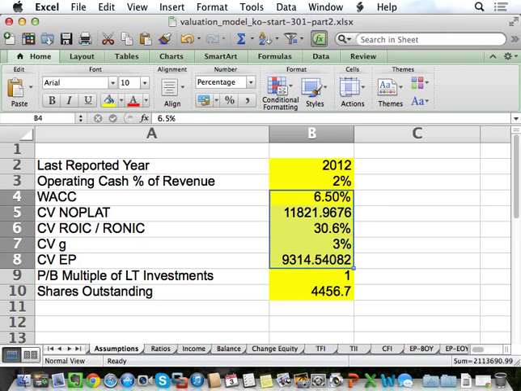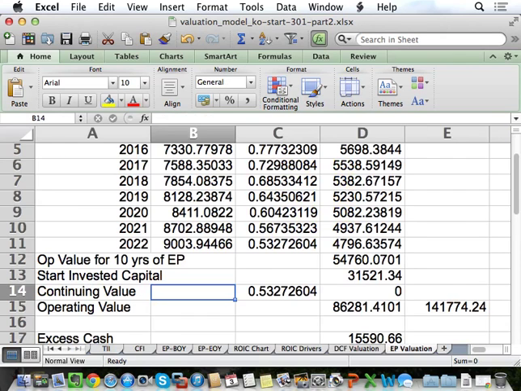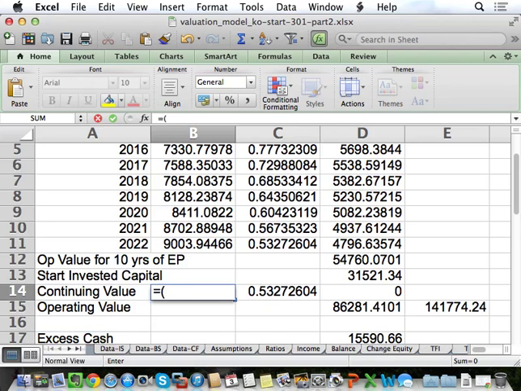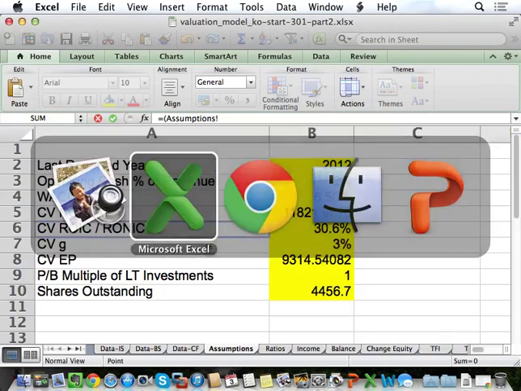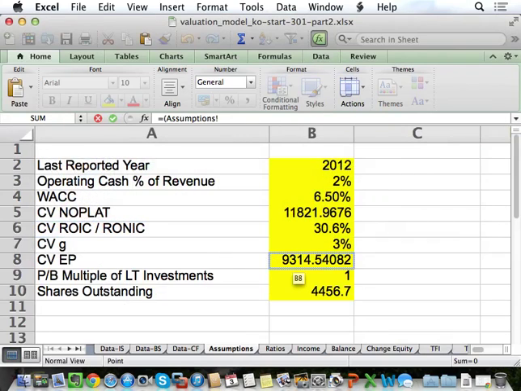So I'm going to go back to my EP valuation and start creating that formula. So equals, left paren, working off of the assumptions tab, economic profit divided by WACC. So continuing value EP divided by WACC, right paren.